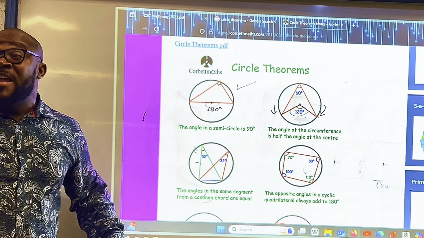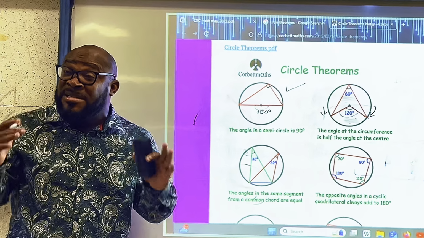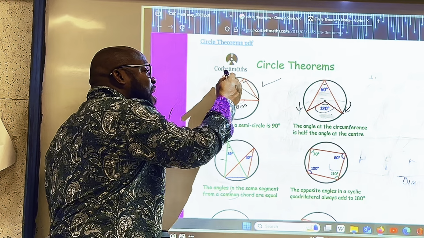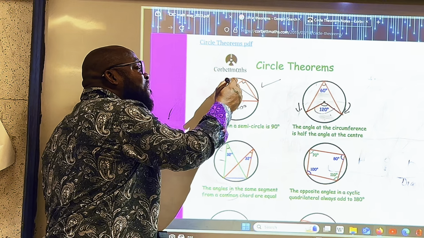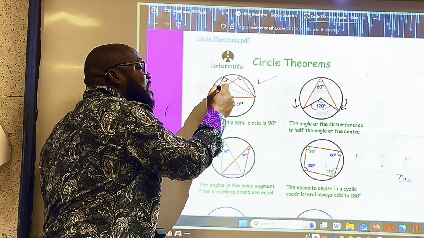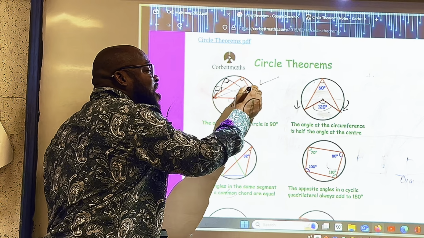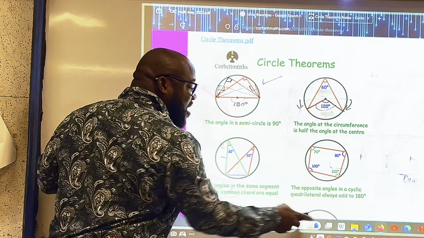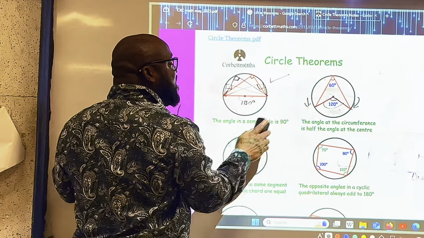So anytime you see a triangle formed in half a semicircle, the angle up here is 90. Even if it is formed this way. No matter how you shift the triangle, it will be 90. I'll show you next time. These circle theorems you have to learn, but for now we're not going to deal with these two.